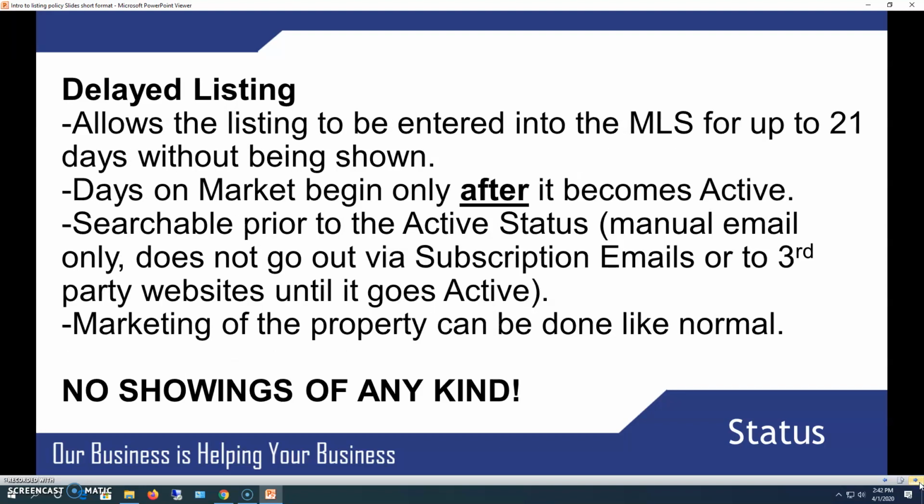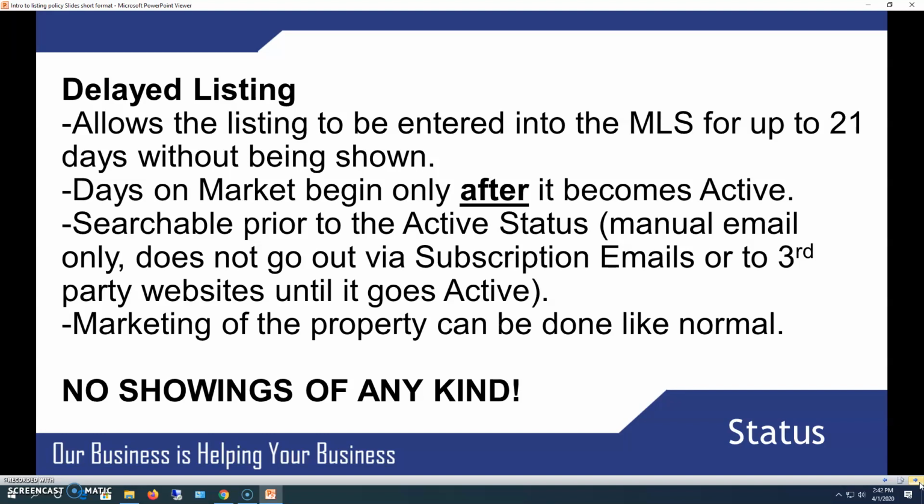If your property is not available for showings when you first enter your listing into the system, it can be entered in as a delayed listing, meaning that the property can be delayed for showings for up to 21 days from that term of contract. Days on market begin only after it becomes active in the system. It is searchable prior to being active.